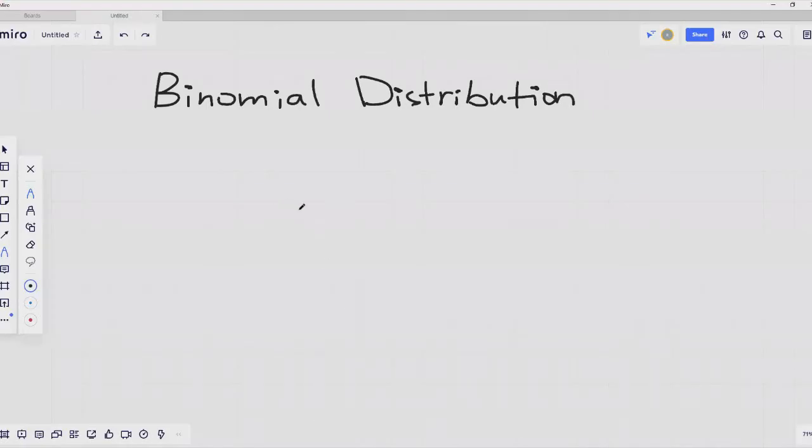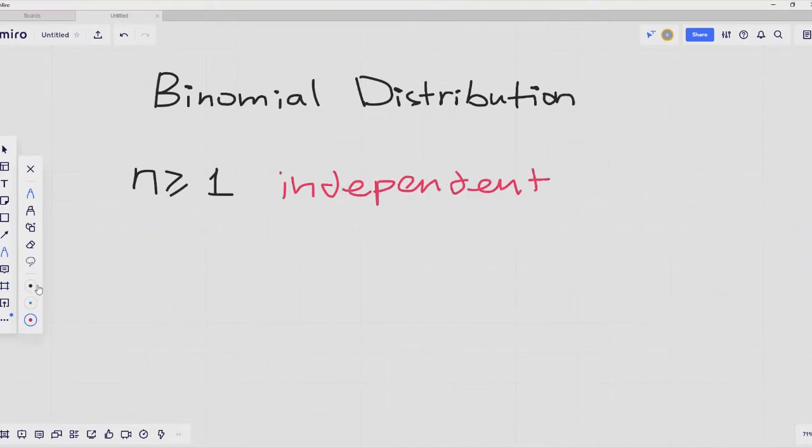In this video, we are going to study binomial distribution. Consider the following experiment. N independent coin tosses, where n is greater or equal than 1, with the probability of coin landing on heads being equal to p.